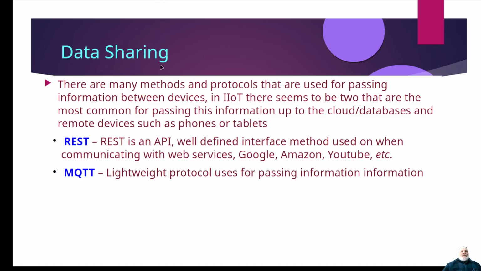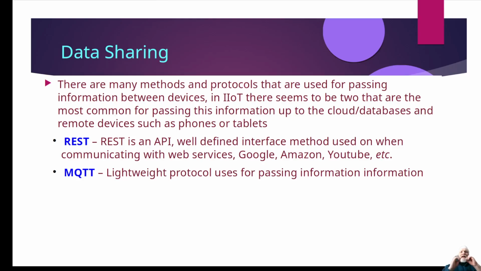All right, so when we're talking about that overhead, this slide probably should have been up one here, but we're going to look at the MQTT protocol in a little while. This is very lightweight, has basically no overhead at all. And then there's the REST API. Now the REST API is basically what we use anytime we use a web browser to search the internet, to go to Google, Amazon, watch this YouTube video, whatever the case might be.